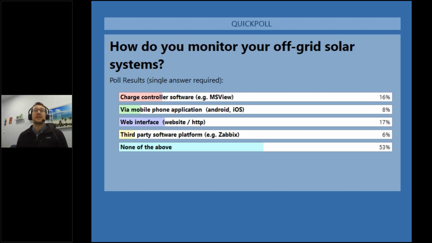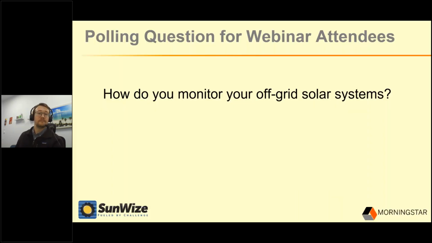Hopefully everybody can see. So it looks like about 16% do it through software provided by the charge controller manufacturer, e.g. MS View for Morningstar, 8% via mobile phone applications, 17% via web interface, 6% via third-party software, and 53% none of the above. Thank you very much for that feedback.